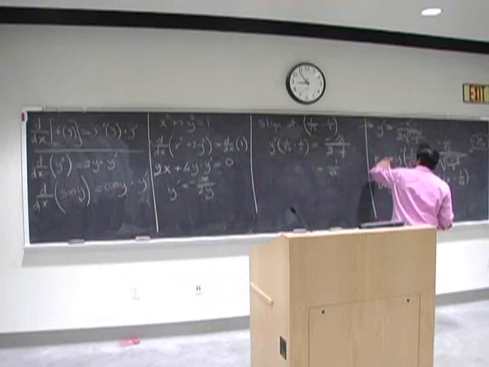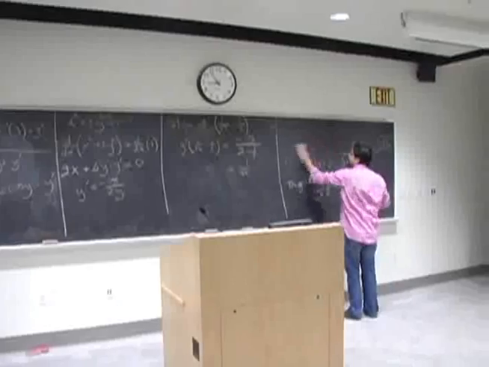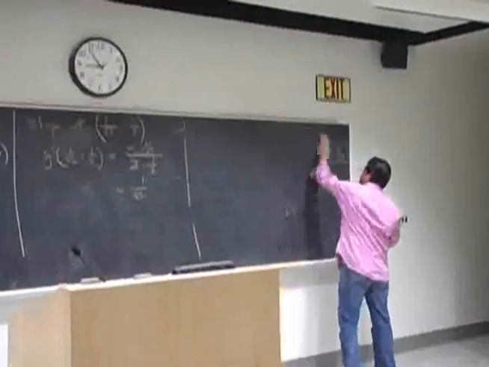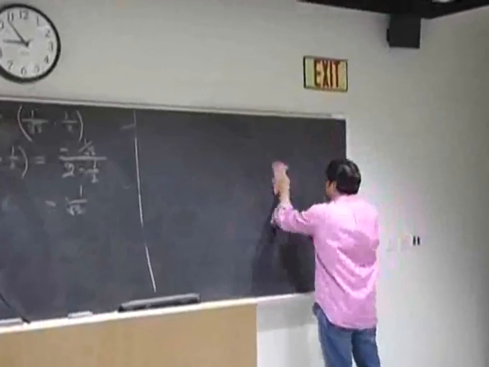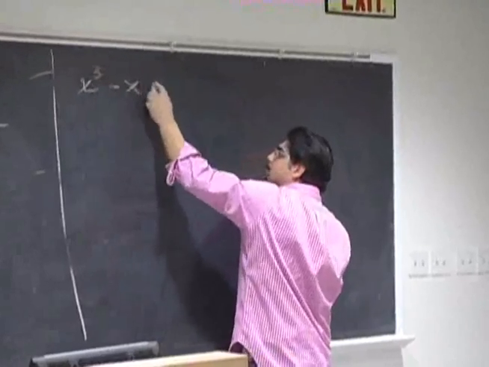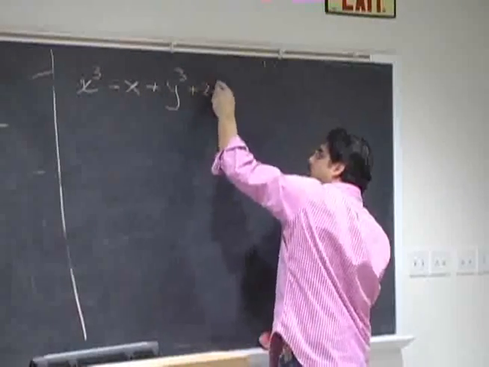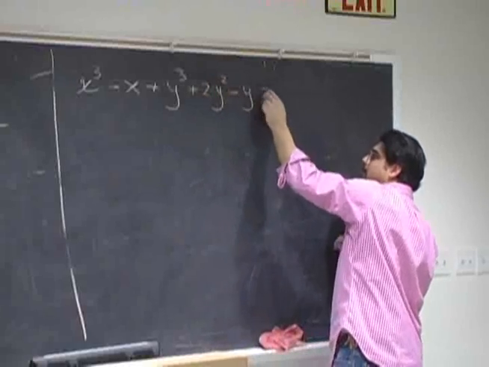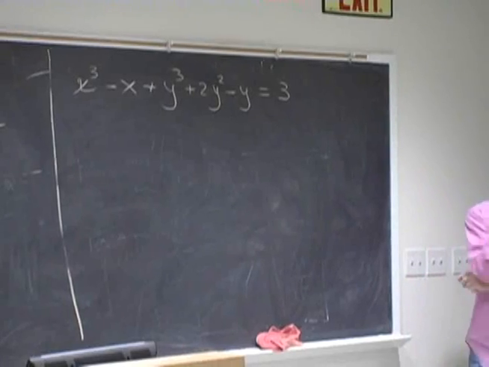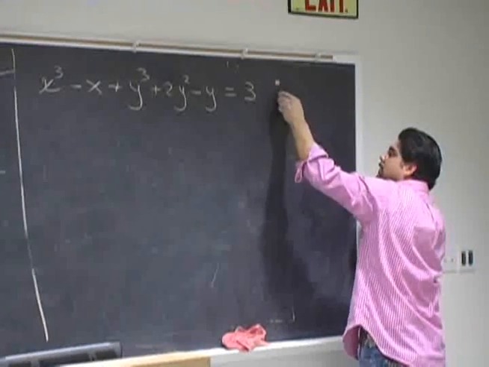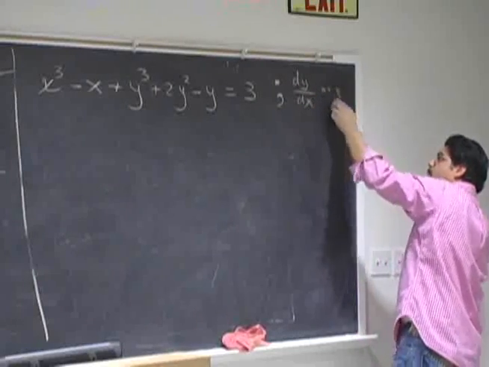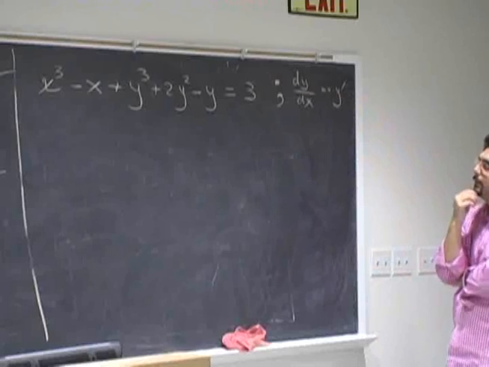Here's such a situation: x cubed minus x plus y cubed plus 2y squared minus y is equal to 3. And I want to find dy/dx, or you can write that as y prime.